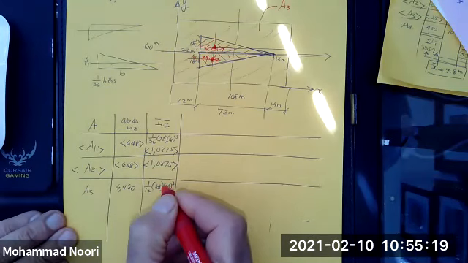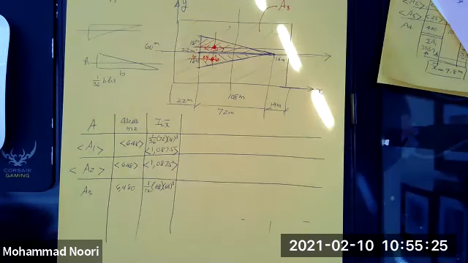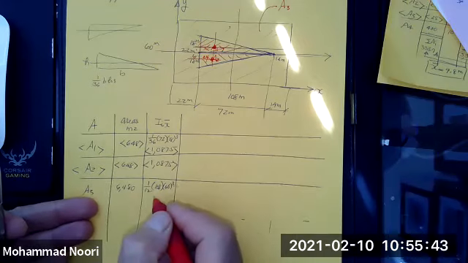I did not calculate that, so let me do it here. 60 cubed would be a large number.